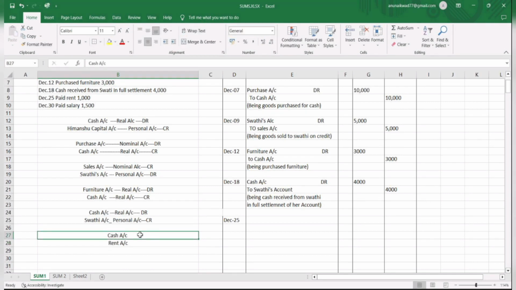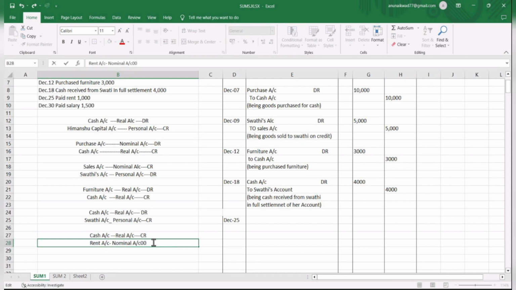Cash account is the real account, and rent account, rent is our expense, it is nominal account. Under real account, we are paying the cash, so cash is going out of the business, debit what comes in, credit what goes out, it is credited. Under nominal account, rent we are paying, so it is an expense to us, so debit all expenses and losses.